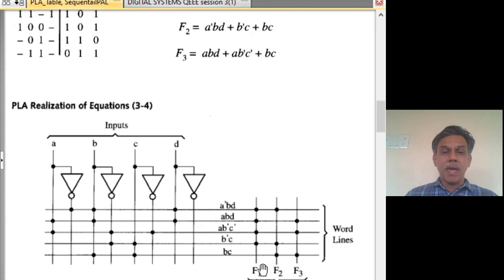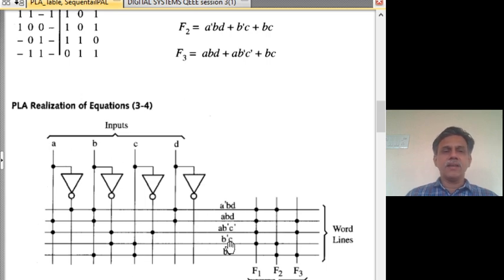Similarly, if there are m functions, there will be m vertical lines needed to generate each of these functions. So, given this constraint, the only factor that affects the complexity of this PLA is the number of horizontal lines, and each horizontal line is used to generate one product term. So, the number of distinct product terms that are to be realized will decide the complexity of this whole PLA.